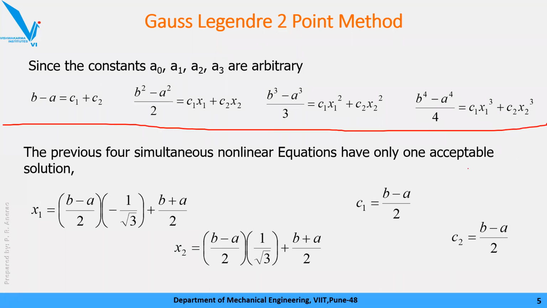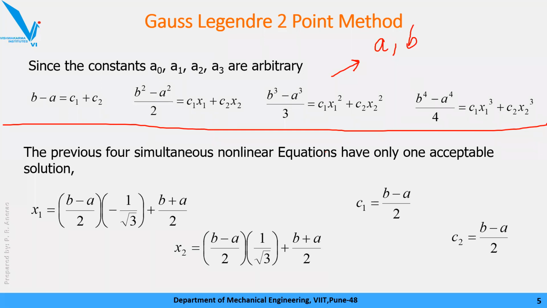Now to find out the unknowns here, C1, C2, x1 and x2, we need to solve these equations simultaneously, because in this equation a and b are known to us and the remaining are unknown for us.